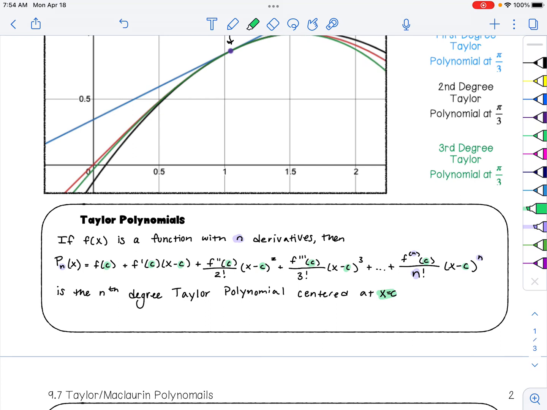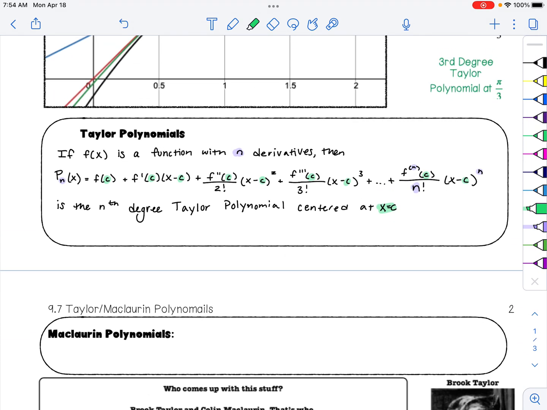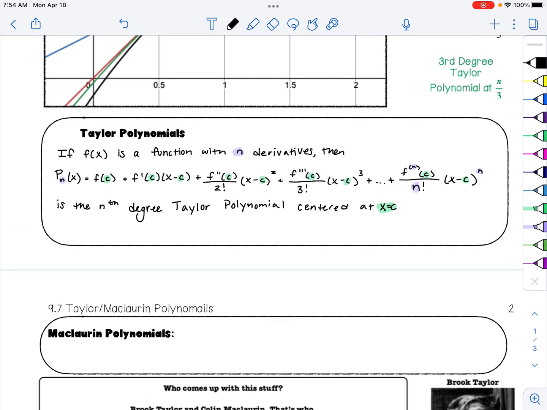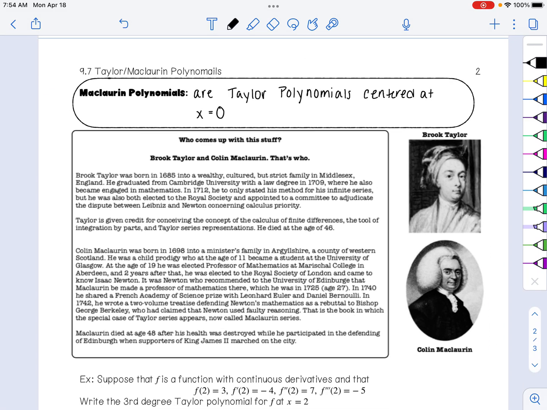And then it's the same thing for a Maclaurin polynomial, except Maclaurin polynomials are just Taylor polynomials centered at x equaling 0. So the c value is always 0.